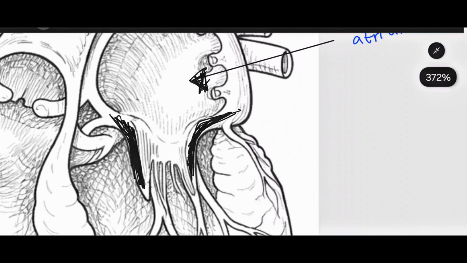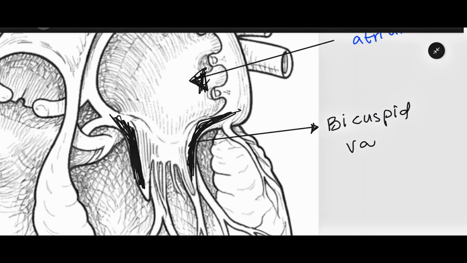And this valve that stops the backflow of blood between the left atrium and the left ventricle is called the bicuspid valve, sometimes also known as the mitral valve.